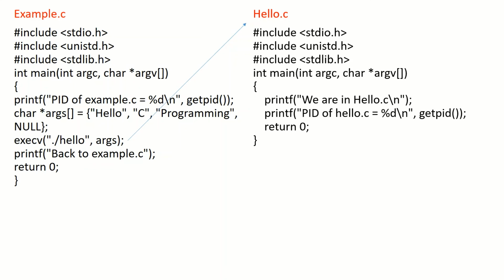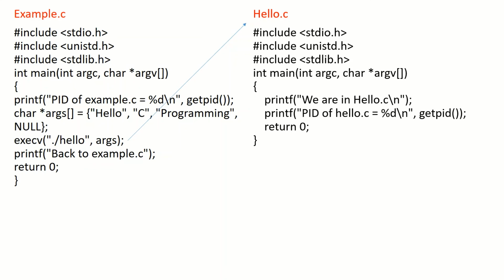The printf function is called to print the PID of the exec program, example.c, with the process ID number generated. For that we can call the getpid function. Then a character array is declared to store the information, "Hello C programming", and its last value should be null.